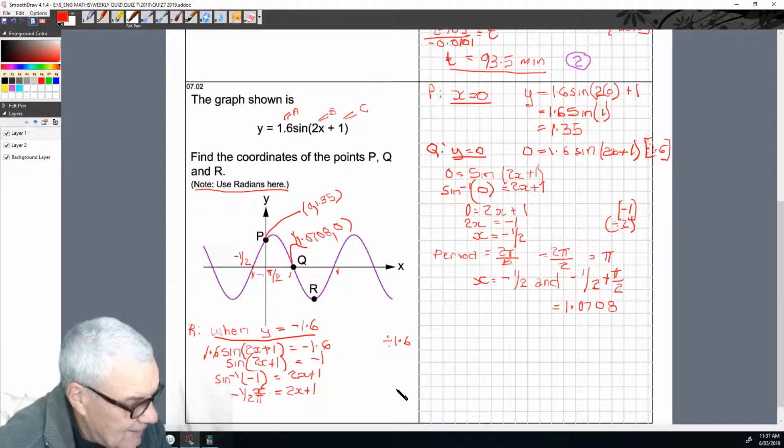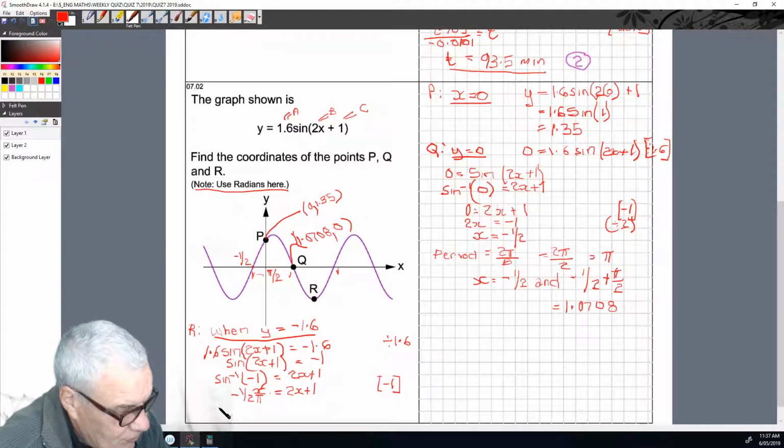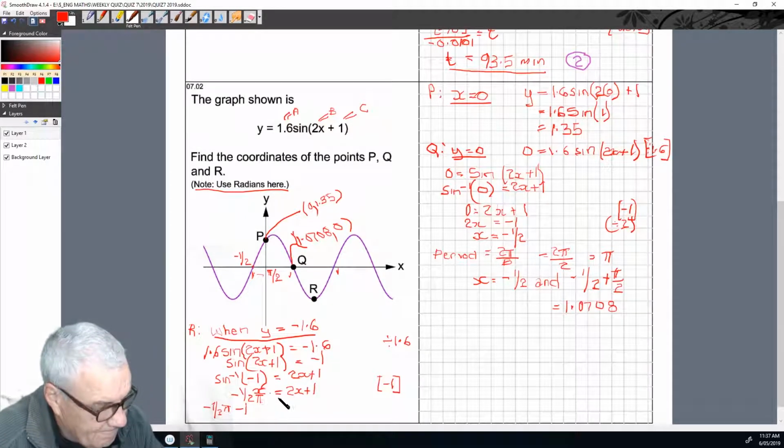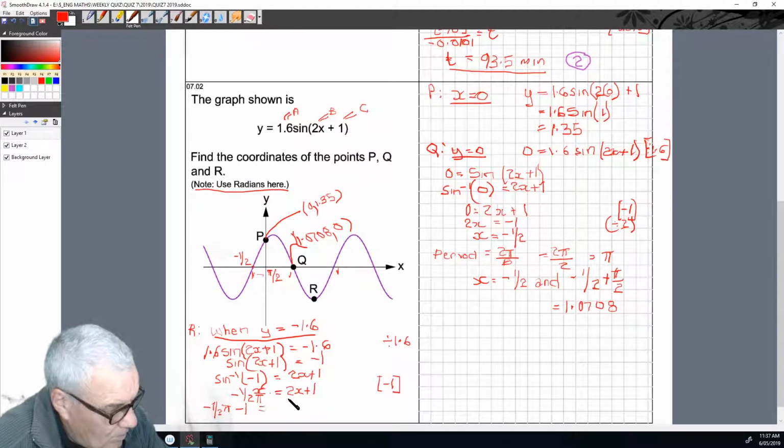So, minus 1 from both sides gives us negative a half pi minus 1 equals 2x, and then we divide through by 2.